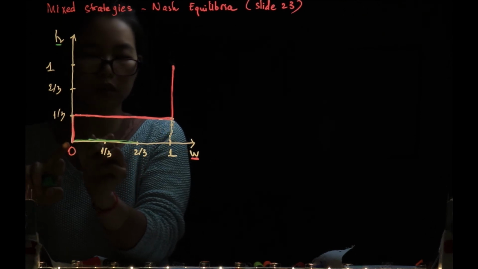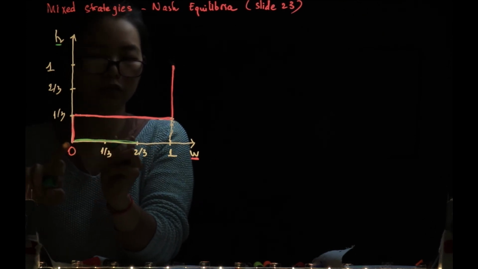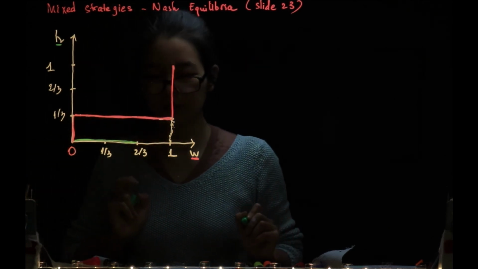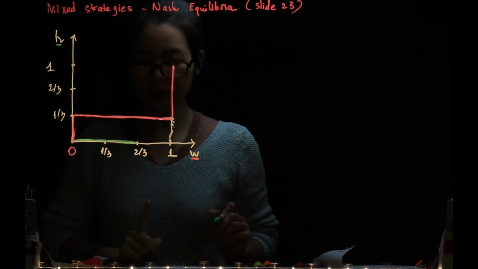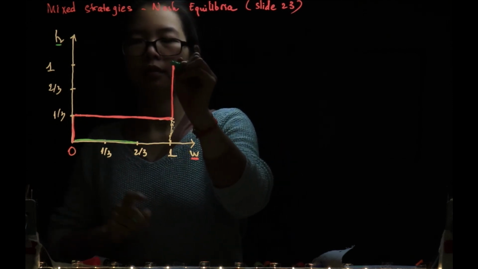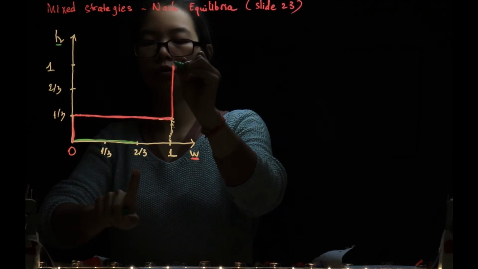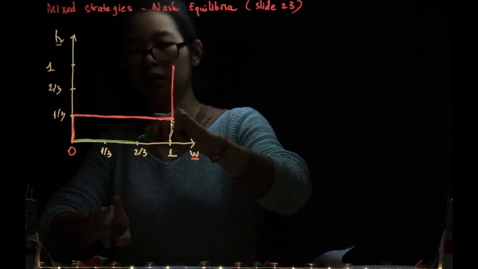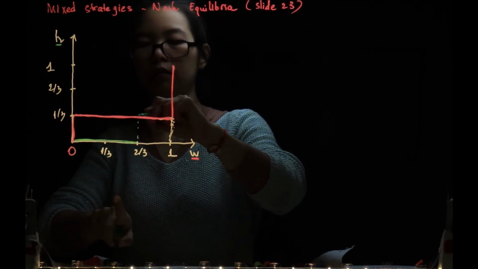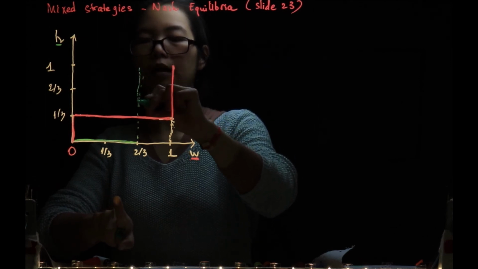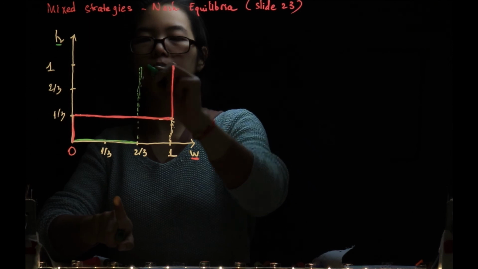So this is the first part of his best response. On the other hand, when the wife's probability is larger than 2/3, he sets his probability as high as possible.